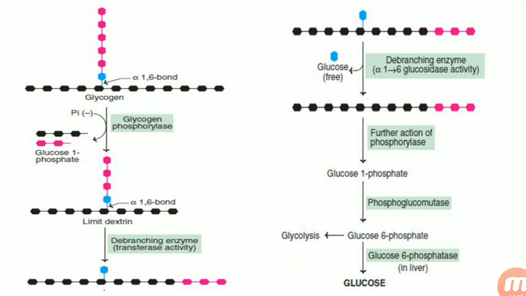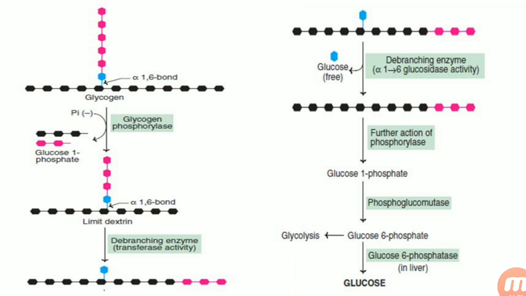Again, by the further action of phosphorylase, we get free glucose and glucose 1-phosphate at the ratio of 8:1, and then with the help of phosphoglucomutase and glucose 6-phosphatase, we get glucose.